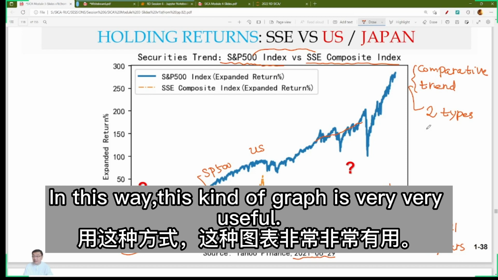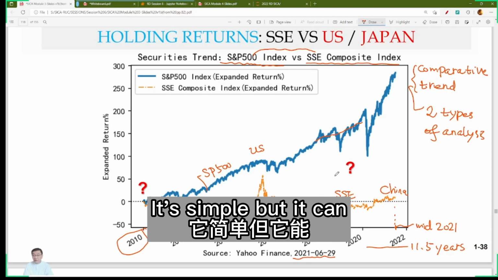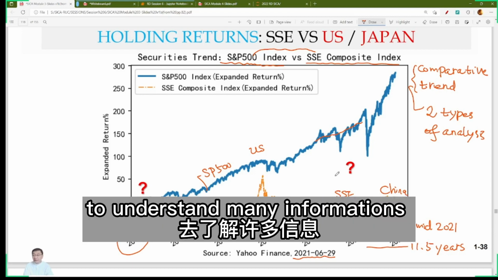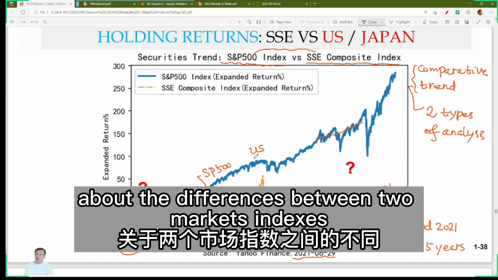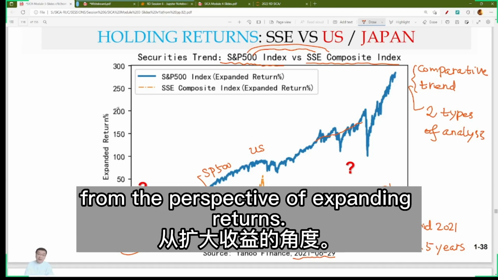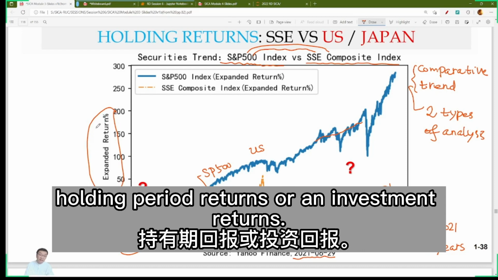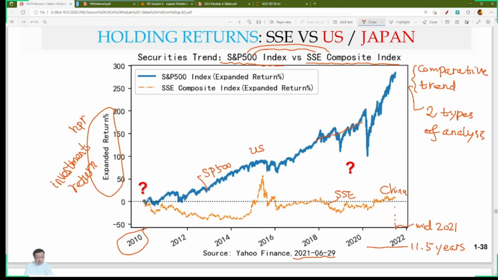In this way, this kind of graph is very, very useful. It's simple, but it can help us to understand much information about the differences between two market indexes from the perspective of expanding returns. It's actually holding period returns, or investment returns.